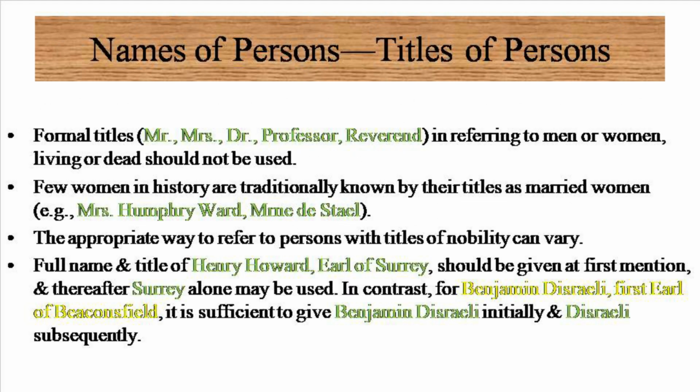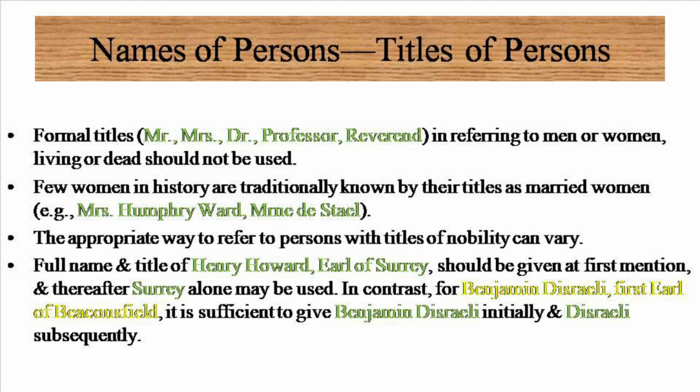Formal titles in referring to men or women, living or dead, should not be used. Few women in history are traditionally known by their titles as married women, where it should be retained. The appropriate way to refer to persons with titles of nobility can vary.